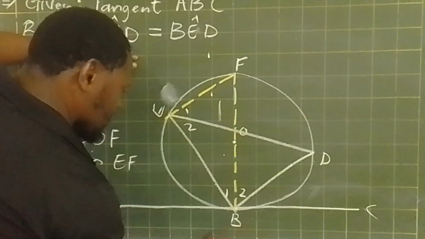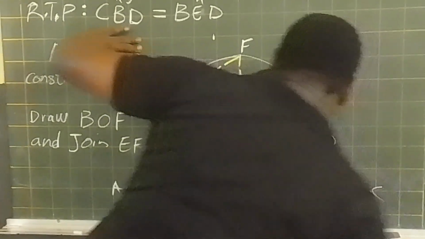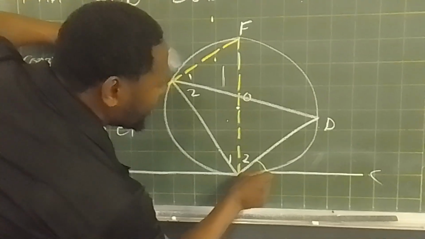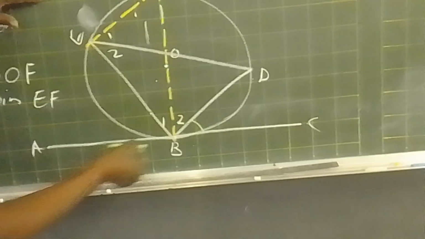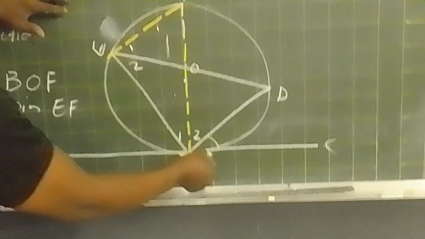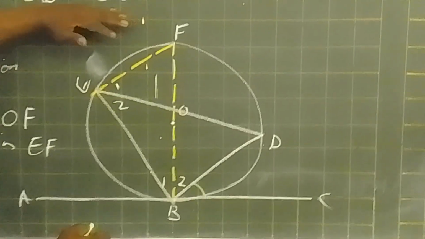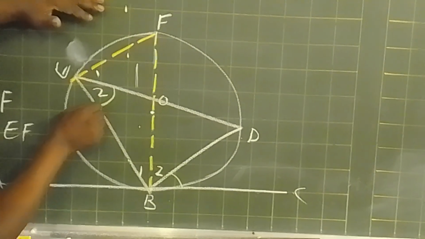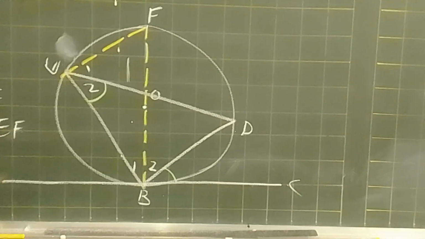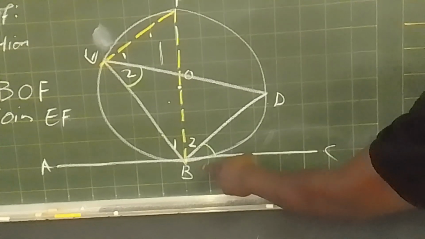That means this angle, the angle between the chord and the tangent, is equal to the angle in the alternative segment, which is BED. This one. Right, we are required to prove that.